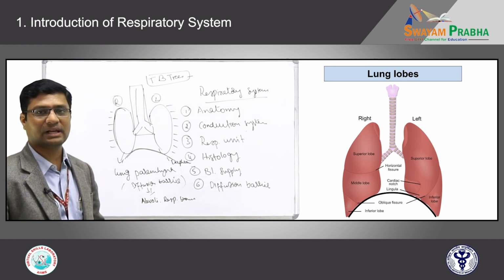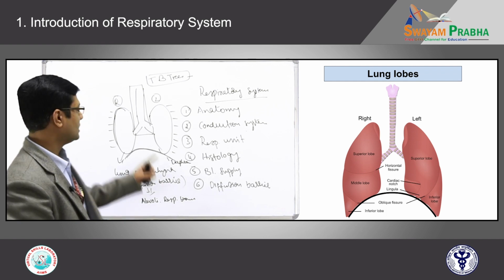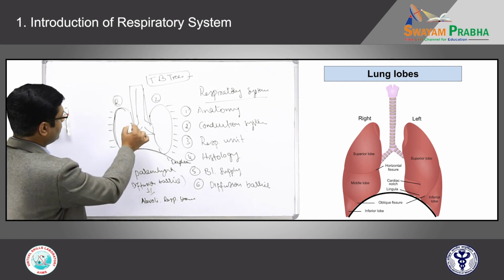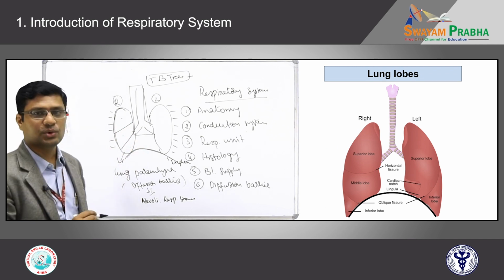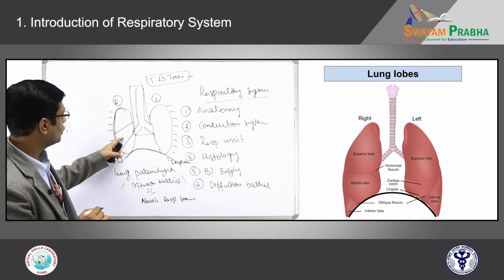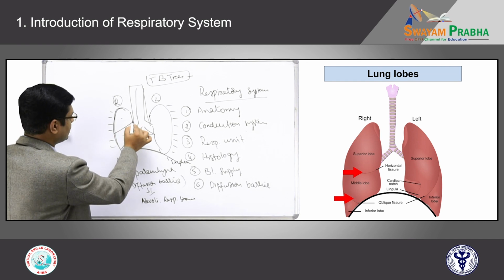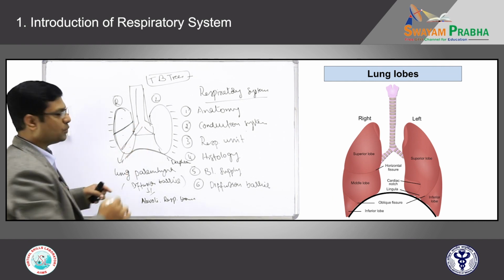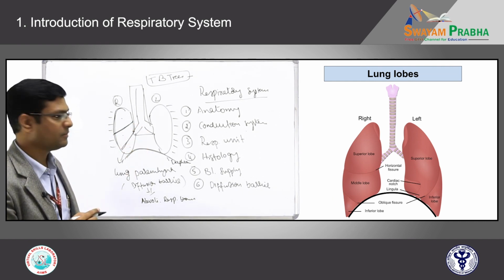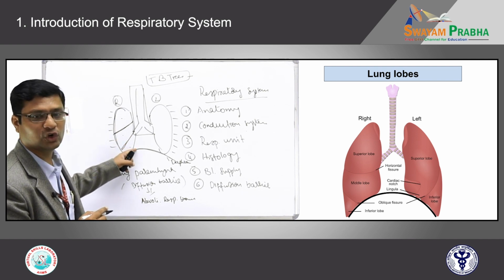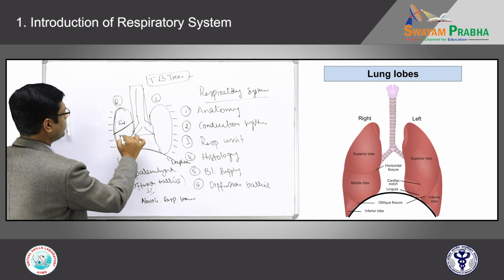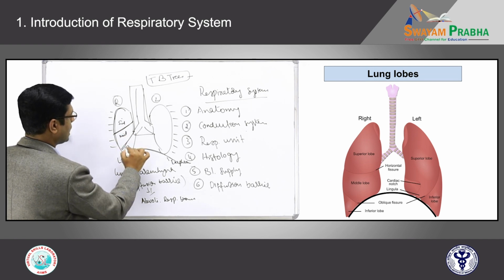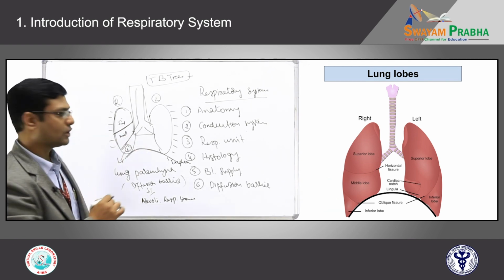How do we identify whether the lung is of the right side or left side? The right lung always has three lobes, which are separated by interlobar septae. There are two interlobar septae which separate the right lung into three lobes. What are those three lobes? Superior lobe, middle lobe and lower lobe, which we call the inferior lobe.